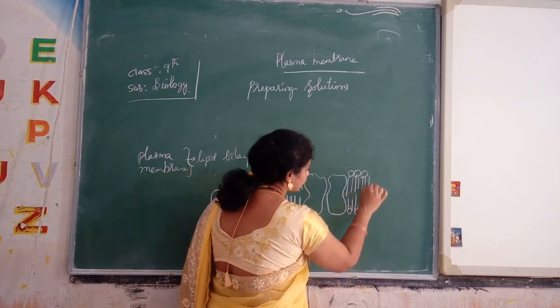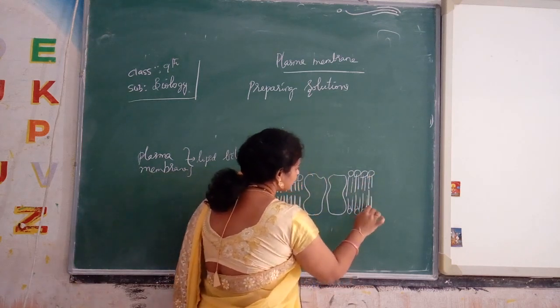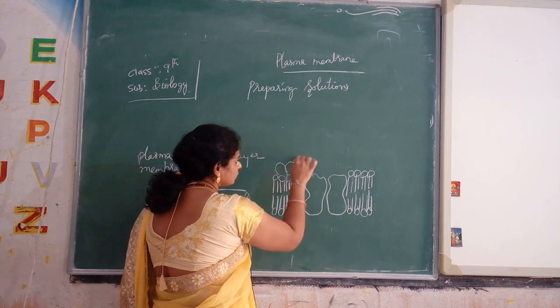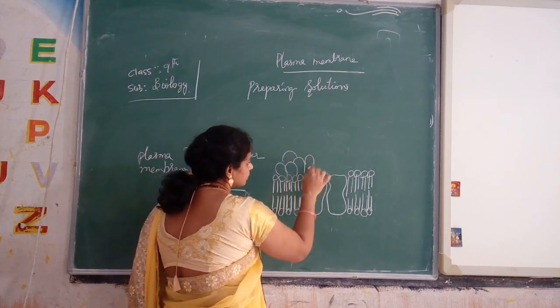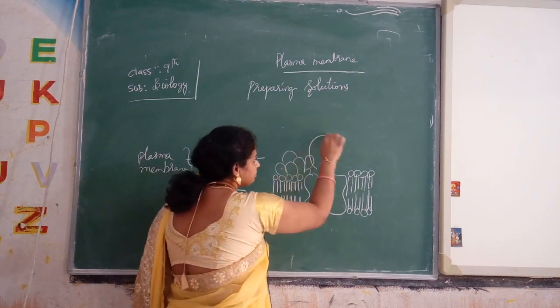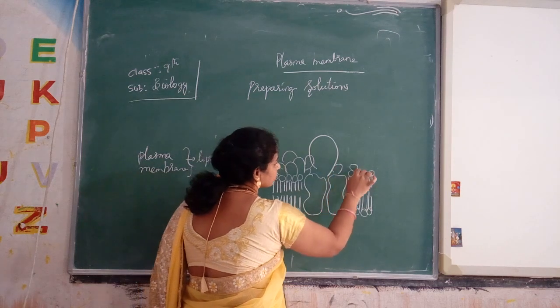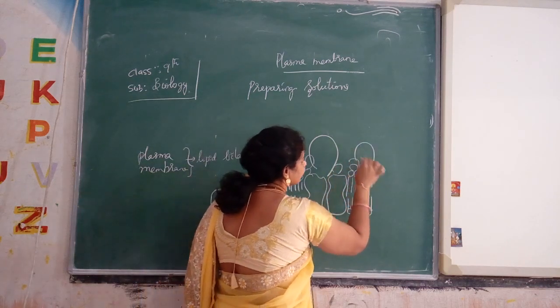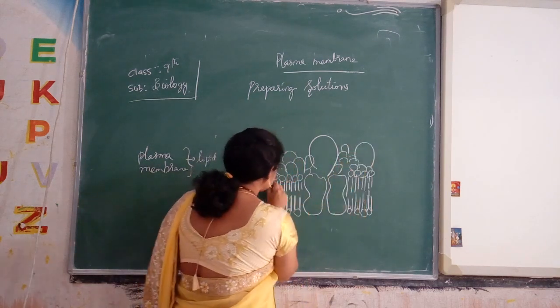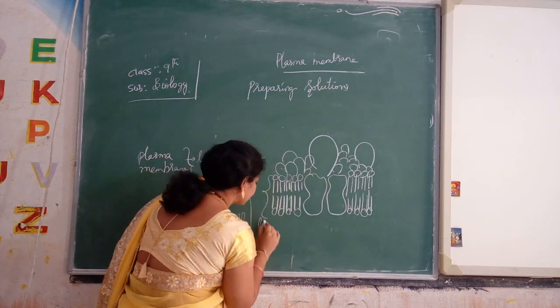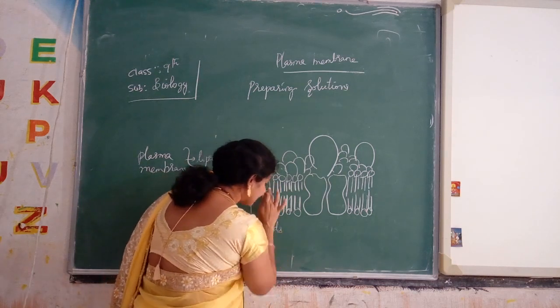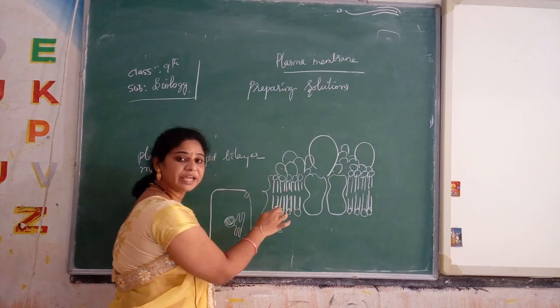In between the big lipids there is a protein again. So these are lipids, a bilayer, two layers.